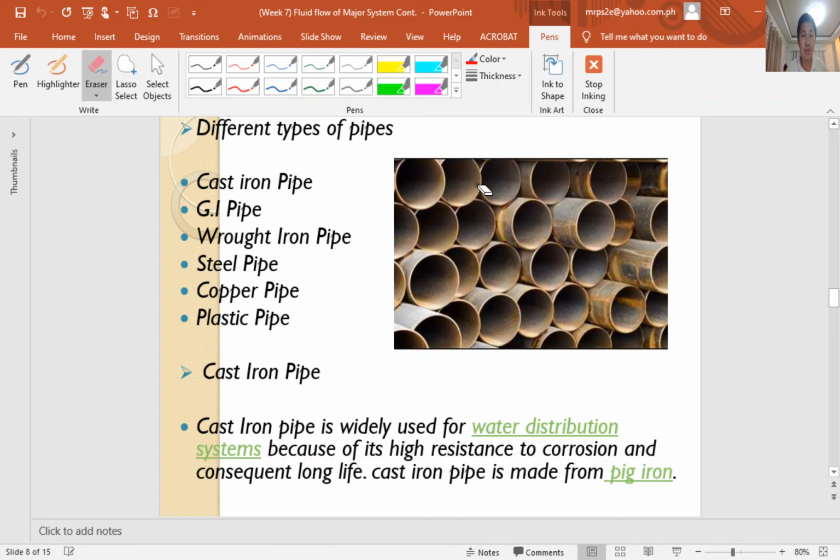This is an example of cast iron pipe. Cast iron pipe is widely used for water distribution systems because of its high resistance to corrosion and consequent long life. Cast iron pipe is made from pig iron or iron.